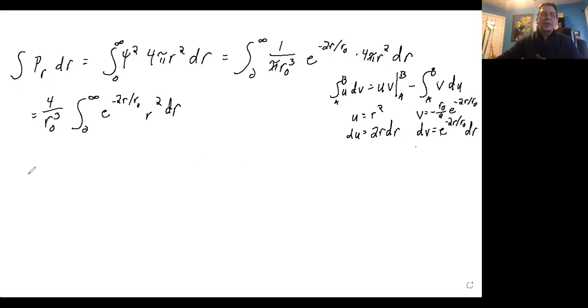So now let's do this. So we have 4 over r naught cubed.